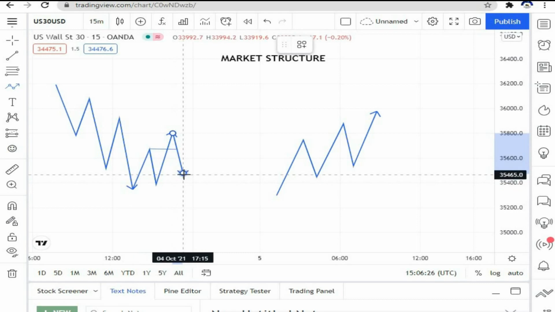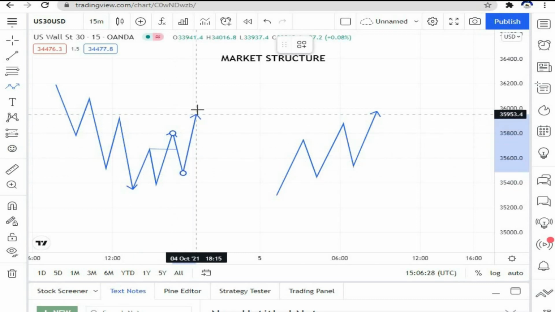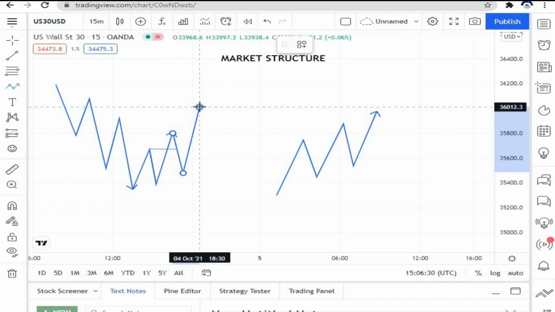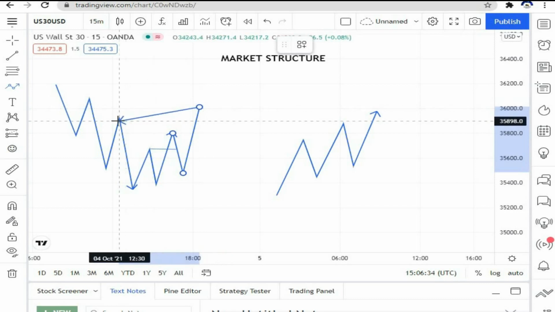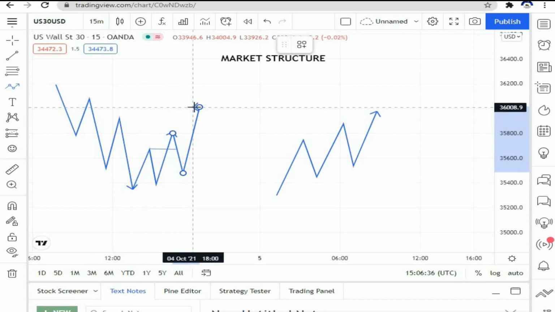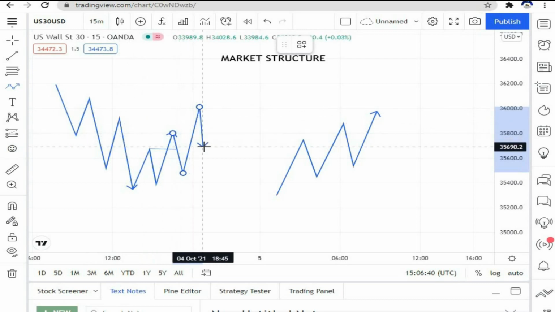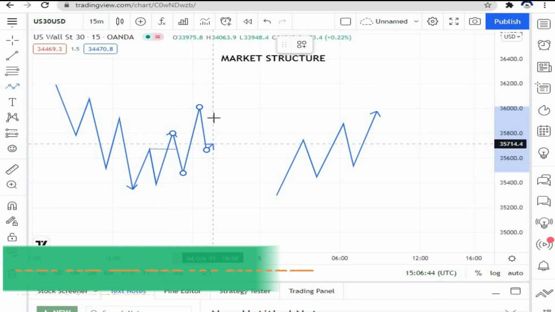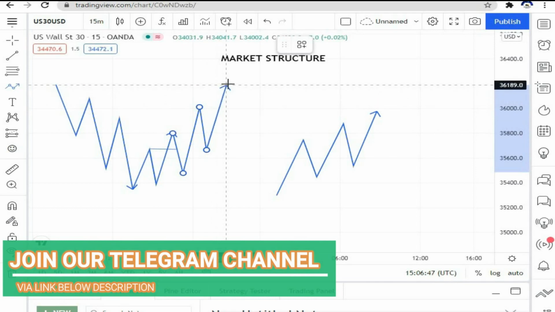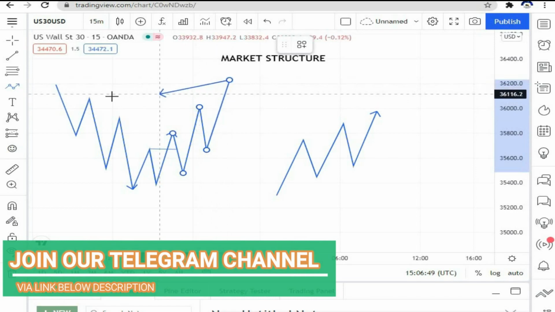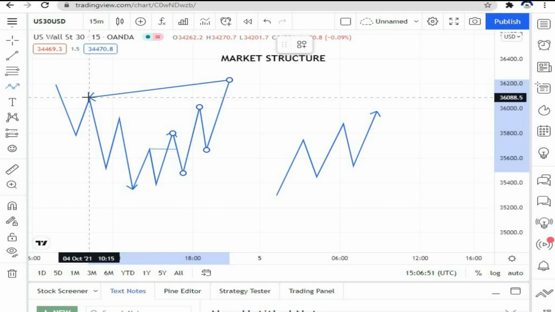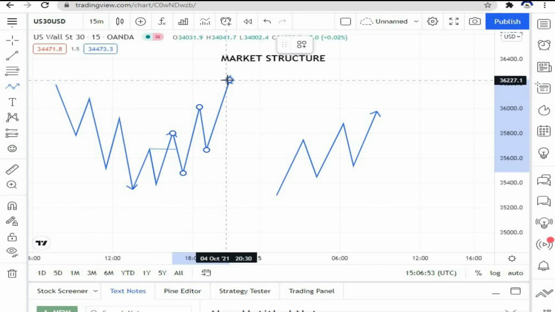They will create a new higher low, and then goes up again, breaking the previous lower high here, creating a new higher high, and also breaking the previous high here, and then they'll come back and create a new higher low, and then they'll continue going up, breaking again those lower highs, creating a new higher high.